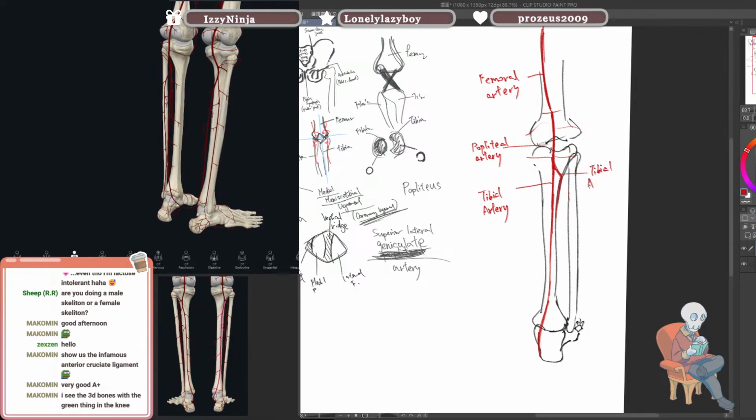What am I going to do to differentiate the two of them? Well, the front one will be called anterior tibial artery, and the back one will be the posterior tibial artery. Okay, and along the posterior tibial artery, there is another little long branch that goes off to the side, like this, and it'll be the fibular artery.